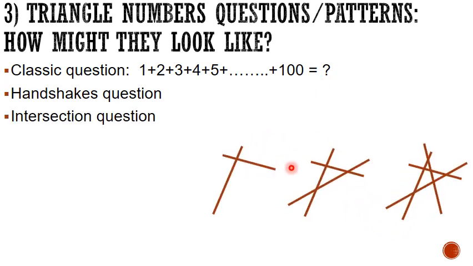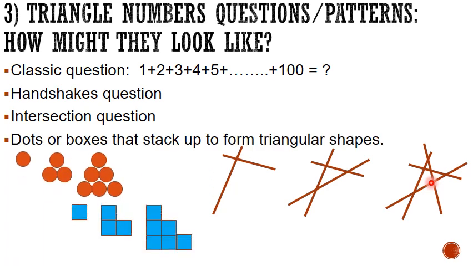For example, I give you these, imagine these are roads. How many intersections are there? How many junctions are there? The dots or boxes stack up to form triangles. It may look like a triangle like this or a right angle triangle like this. So these are some of the examples that might appear in exam papers.